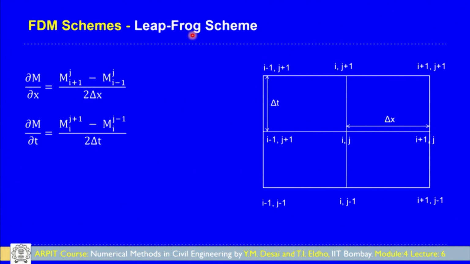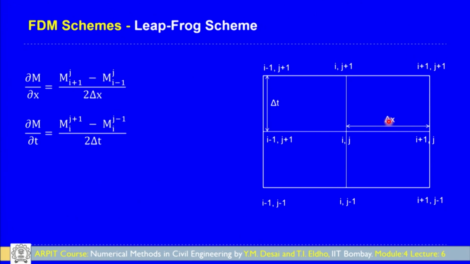When we formulate the finite difference method like this, it is called a leapfrog scheme. So, we are taking all corner points, then getting the derivative. Corner points means this with respect to this point and this point.